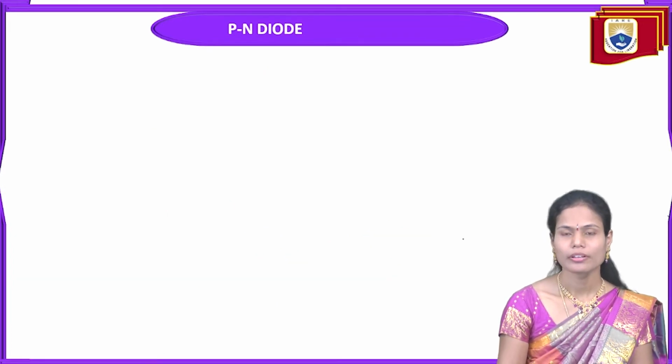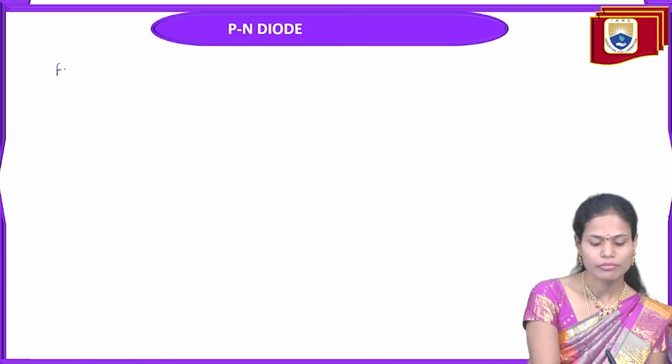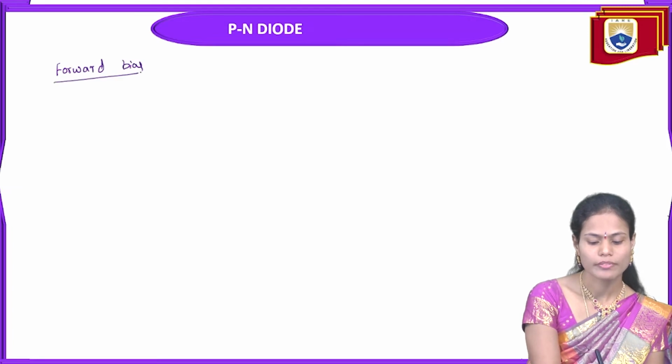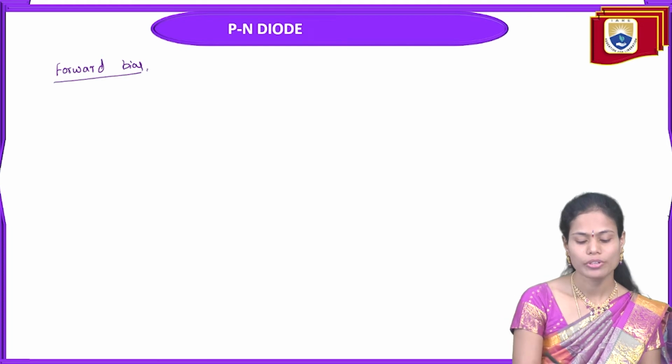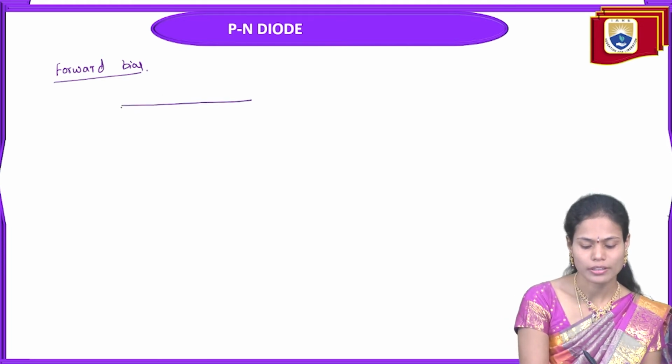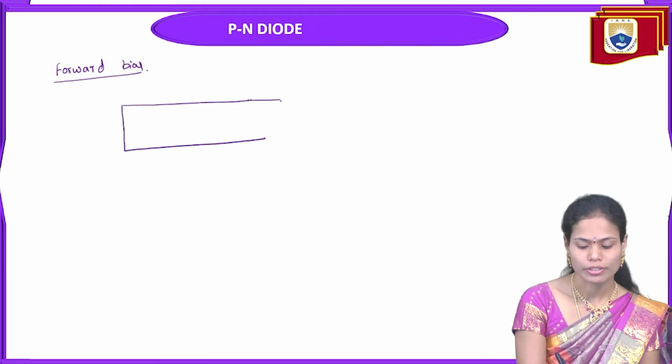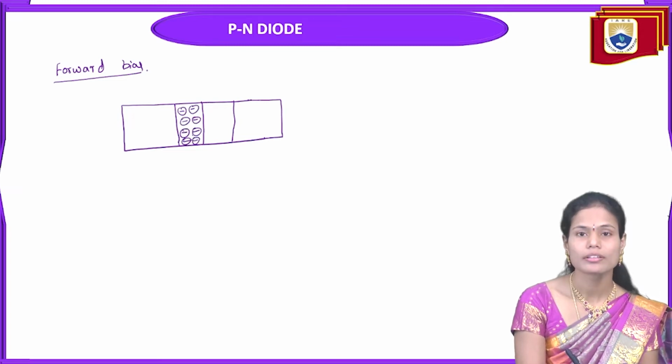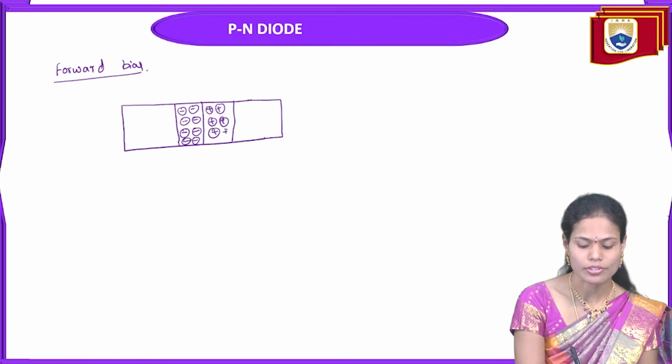First we will see the forward bias of the PN junction diode. I am taking the PN junction diode with the depletion region and the majority and minority carriers. These are the negative immobile ions and these are the positive immobile ions forming near the junction.